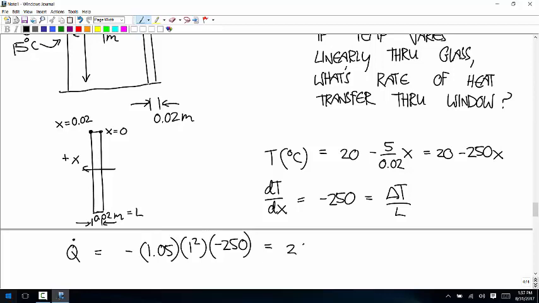And so you get 262.5 watts, or in other words, every second, 262.5 joules.